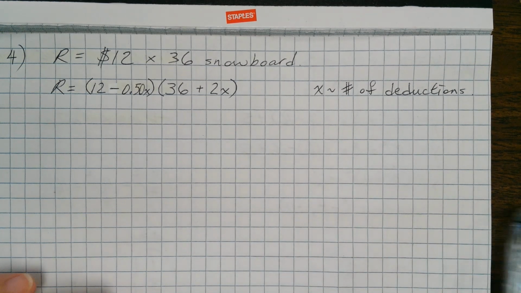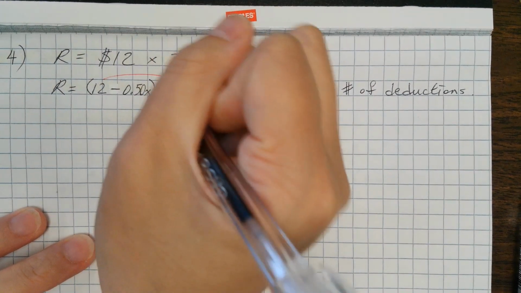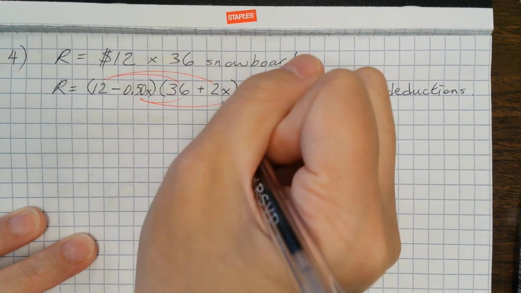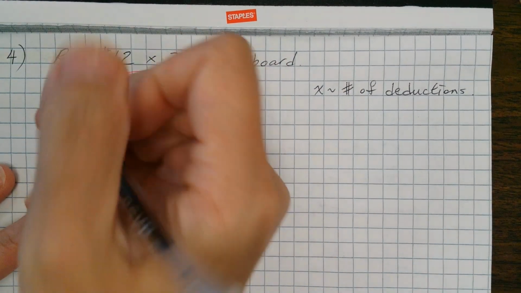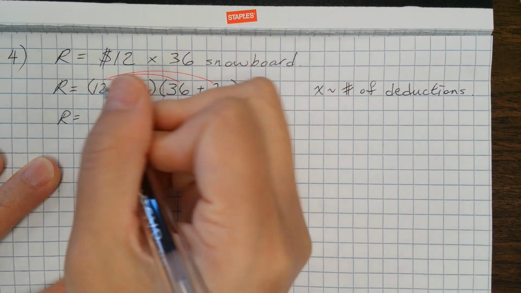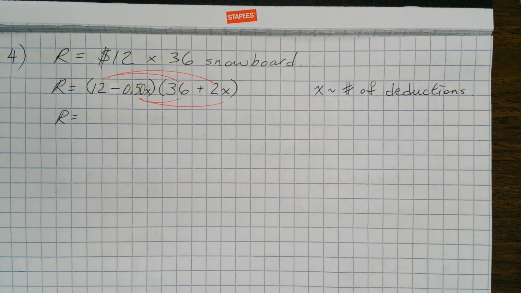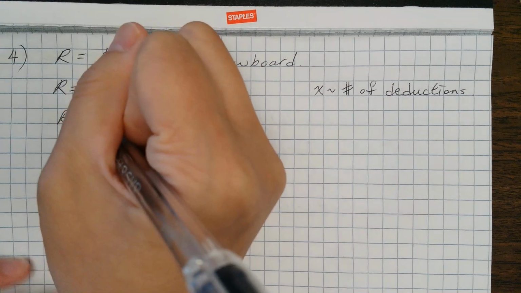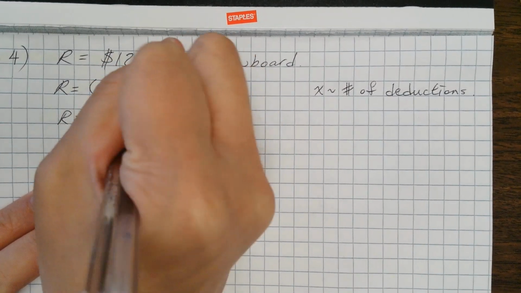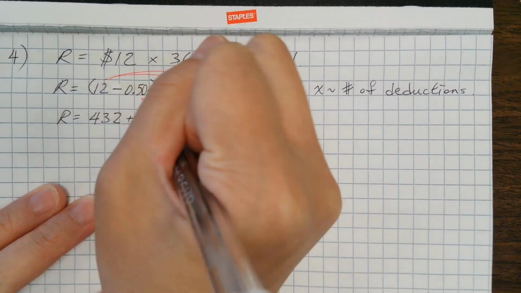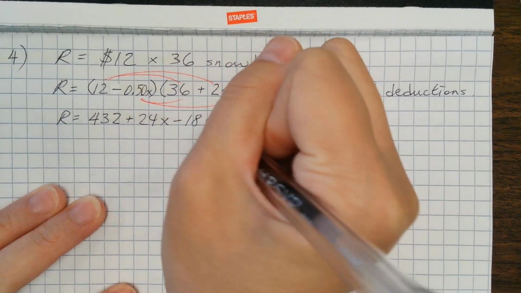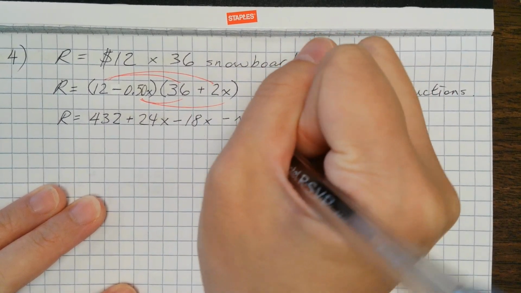Now that I have this, FOIL: first, outside, inside, last. So R equals 432 plus 24x minus 18x minus x squared.